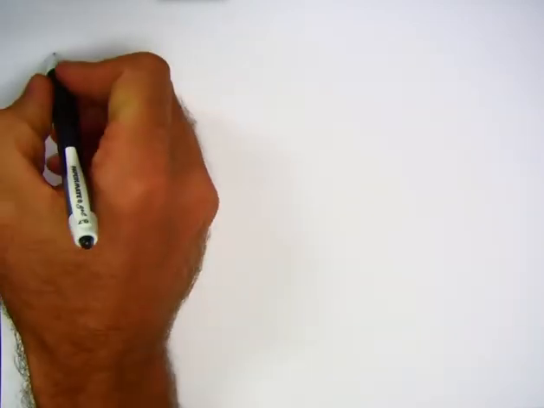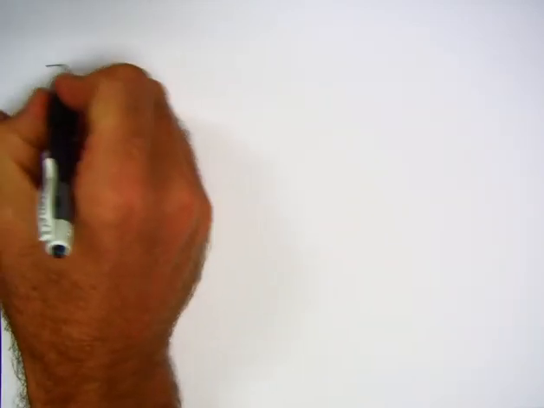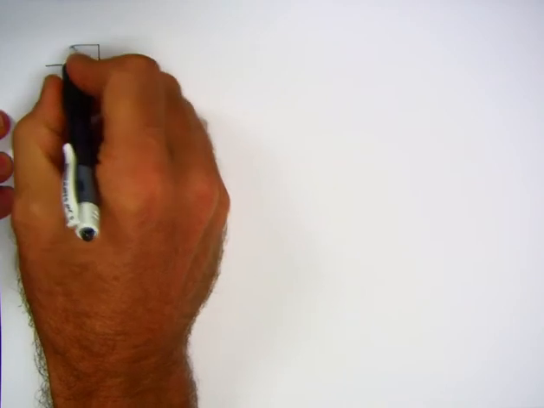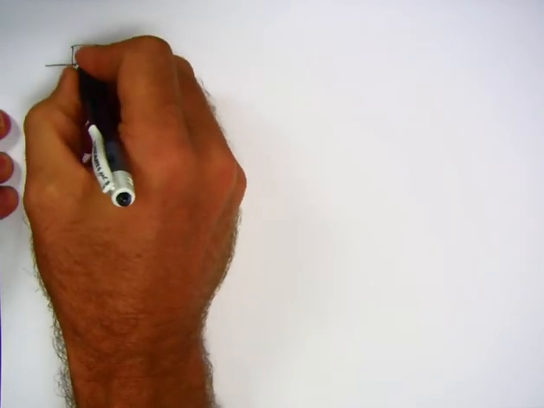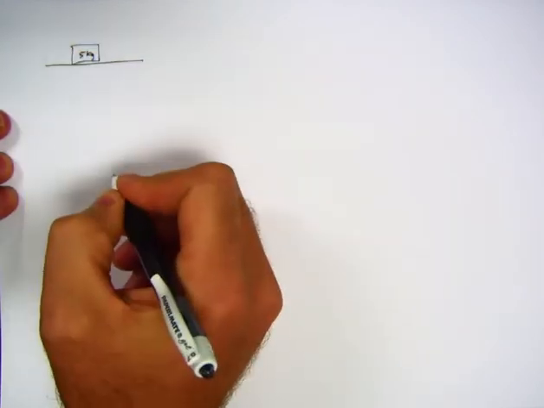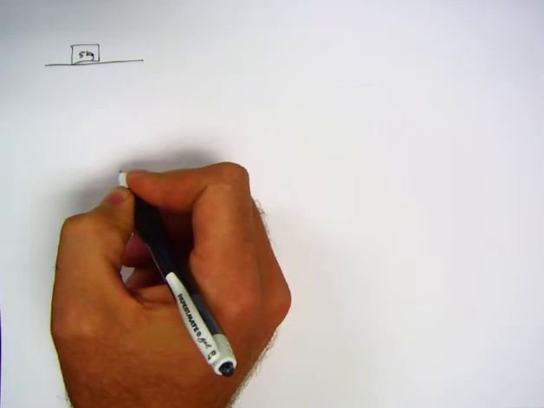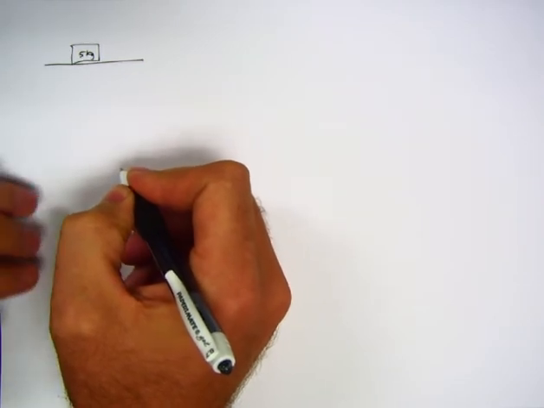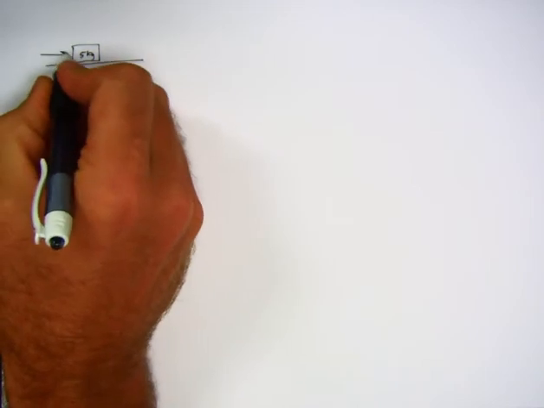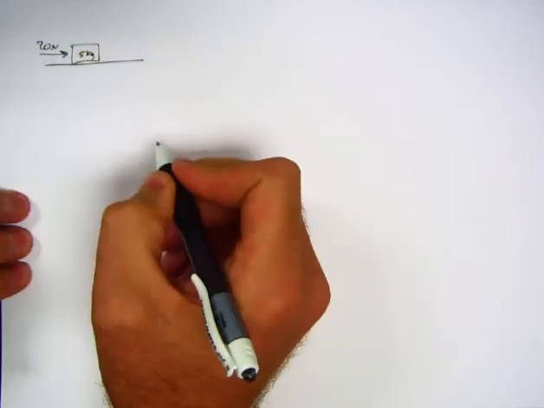Let's get some practice using Newton's laws with kinetic friction. In this case, for example, let's just take a normal box that we want to push around. Let's make it a 5 kilogram box, and let's push on it with a force of 20 newtons to the right.